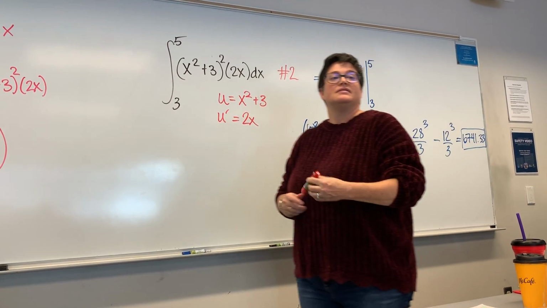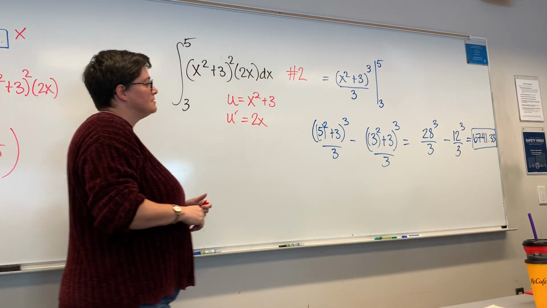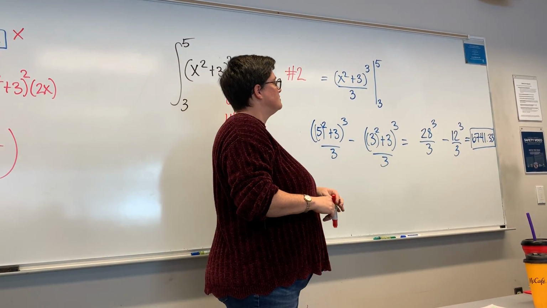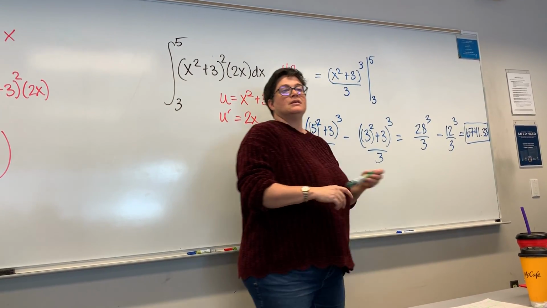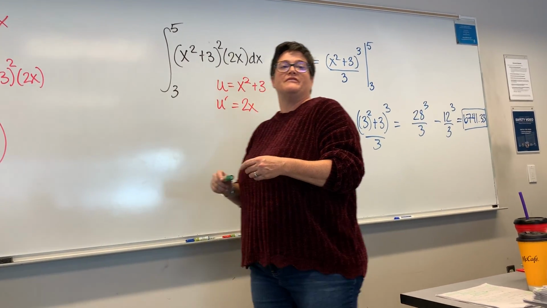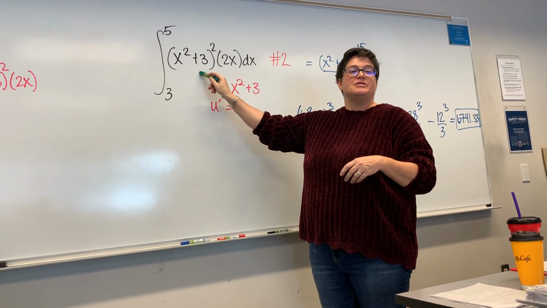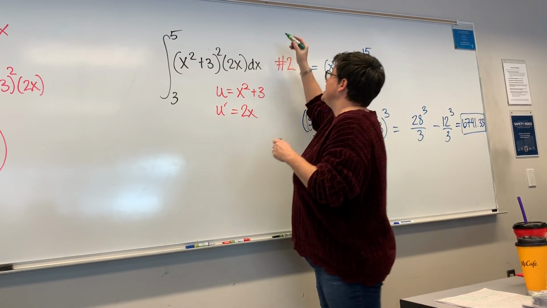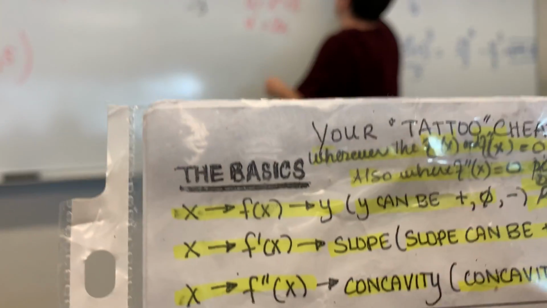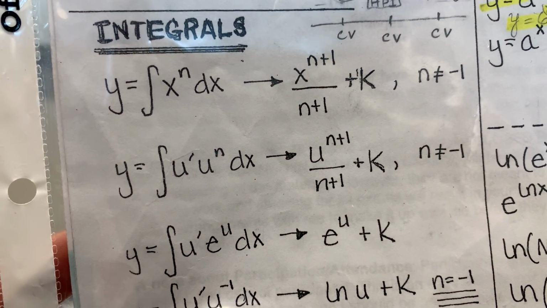Devarius and then Helena. I have a question, I'm kind of drawing a blank on what we want. Okay, so you've got the steps in front of you, right? The first step is make it pretty, and then decide which integral it is. So we've decided it's integral number 2. Integral number 2 looks like this: u prime times u to the n with respect to x. So where is u located?